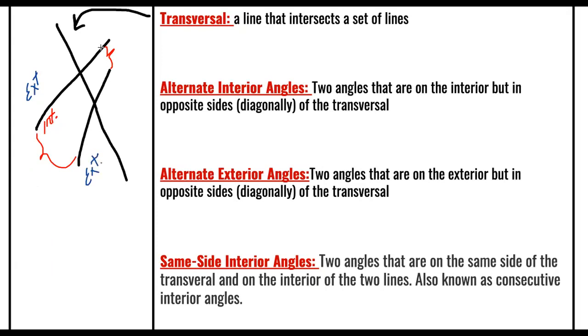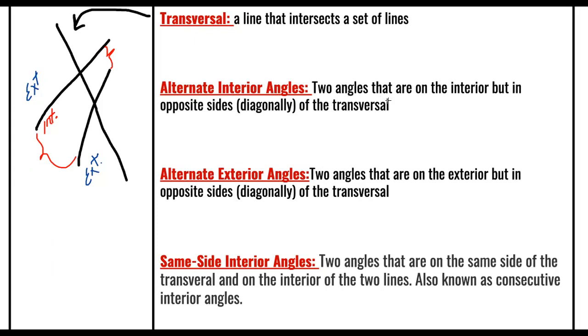So recap, you have two lines. A line that intersects both of them is the transversal. Whenever you have that phenomenon, it creates an interior between the two lines and exterior outside of the two lines, okay? Now let's talk about the different angles that are formed. Alternate interior angles.